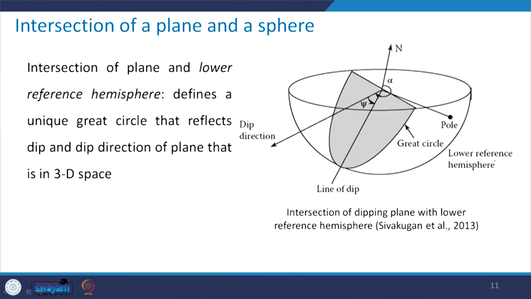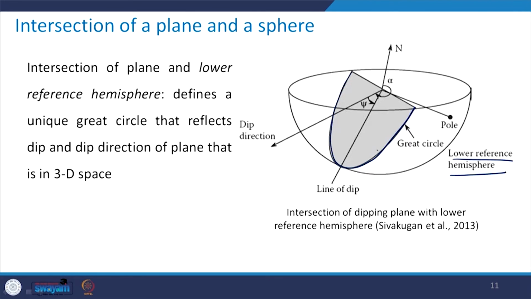We have only the lower reference hemisphere. This is the plane of the intersection. So, how to define this? This is defined by this unique great circle, and since we are taking only the lower half of the reference hemisphere, the remaining half lying in the upper reference hemisphere we are not going to consider. So, focus here.